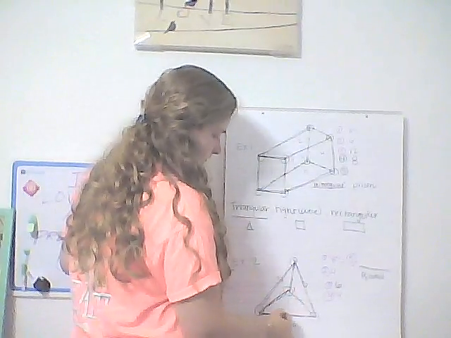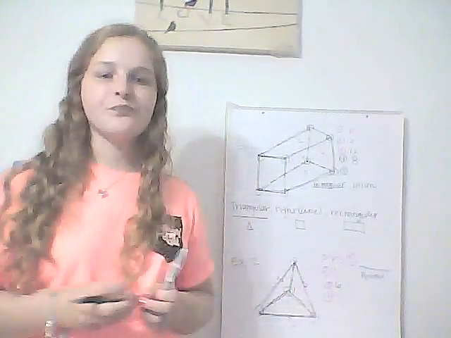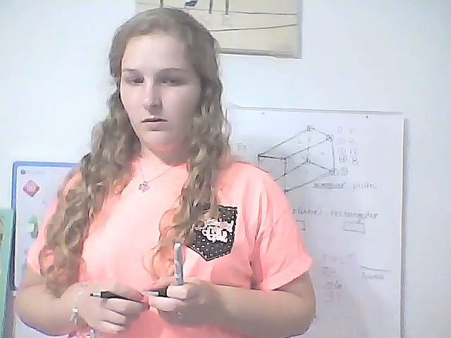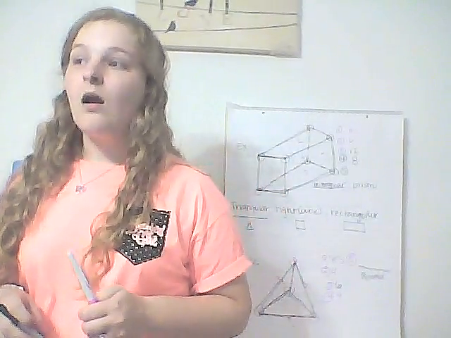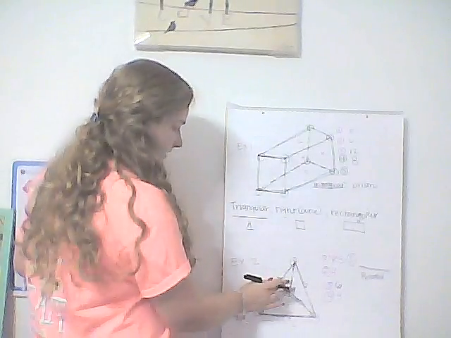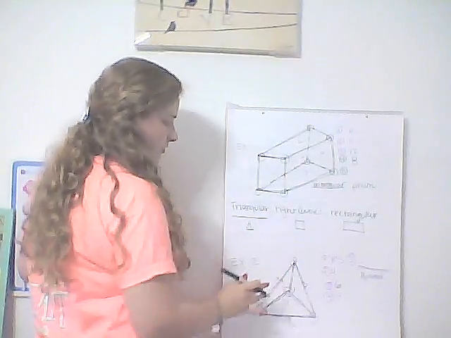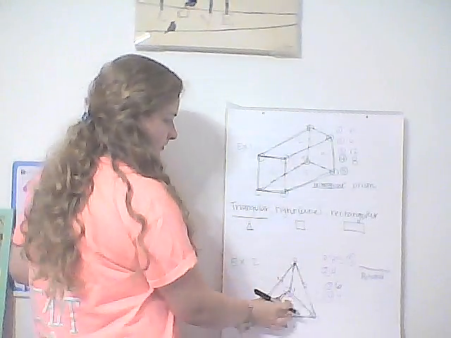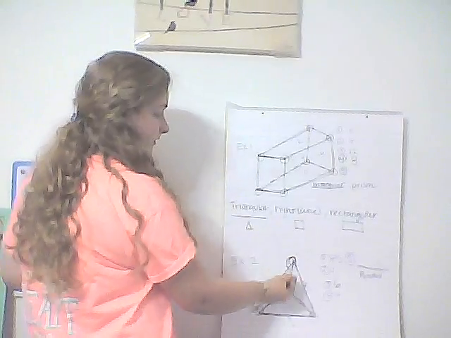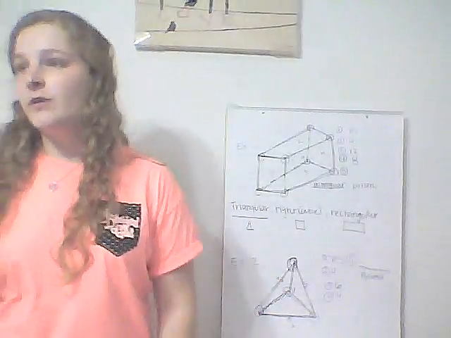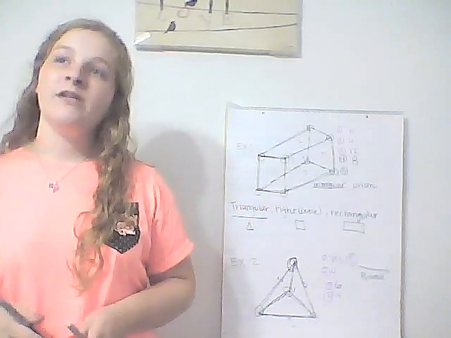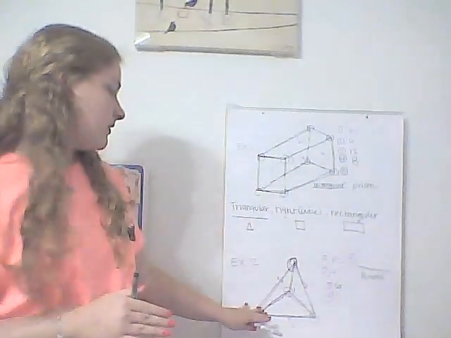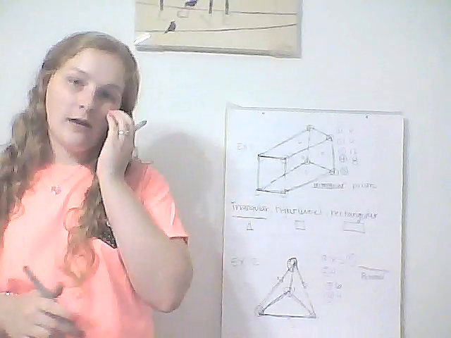Yes, that looks like a polygon. Okay, so the faces are triangles. Great job. And they come together at one vertex. Well, that looks like a pyramid to me. Does anybody disagree?